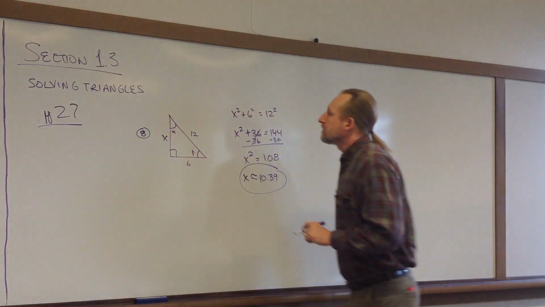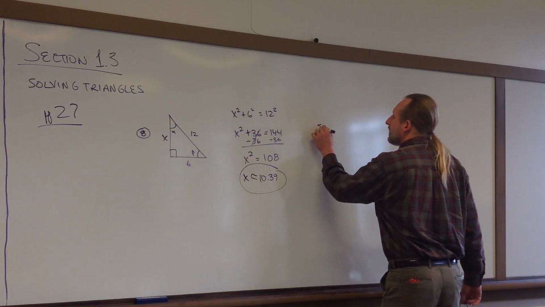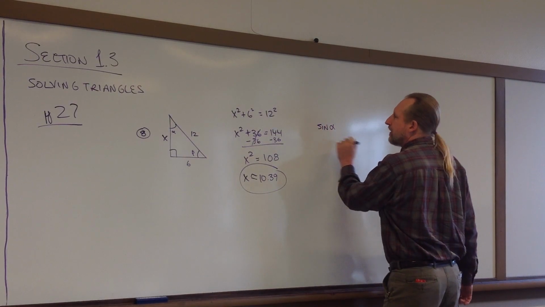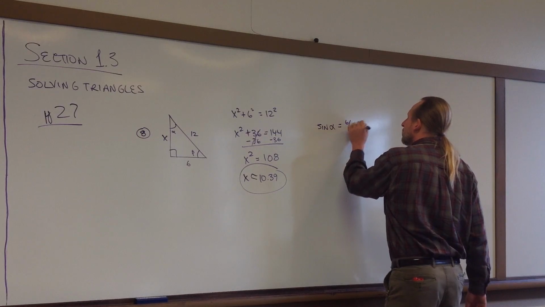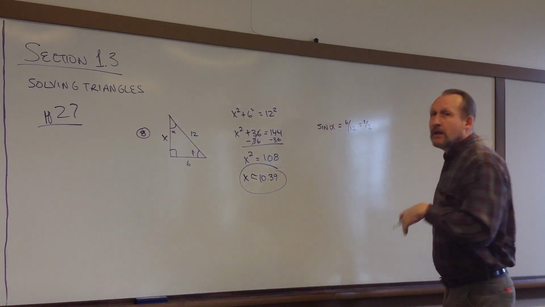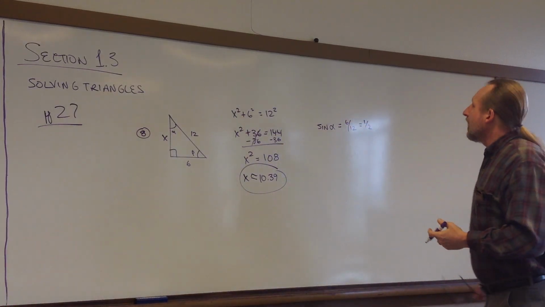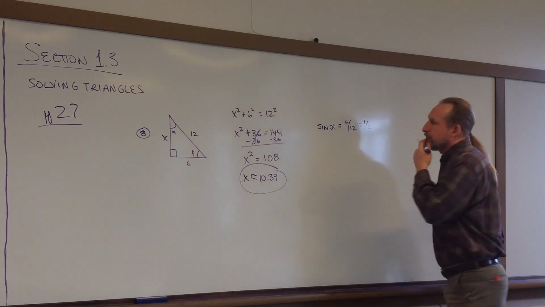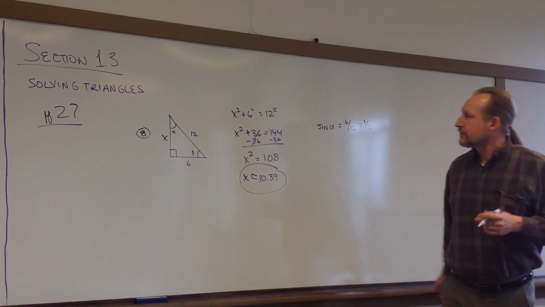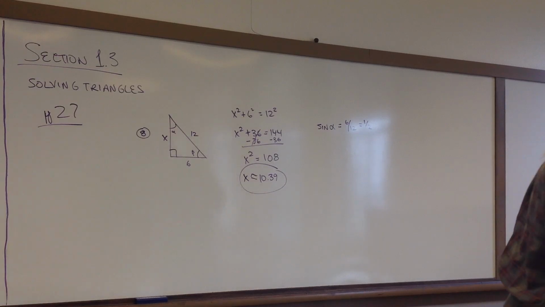and beta. Okay. So we could say that the sine of alpha is going to be 6 over 12, which is 1/2. Now, if you know this already, like I said, I had to memorize a bunch of this stuff. This says that alpha should come out to be 30 degrees.